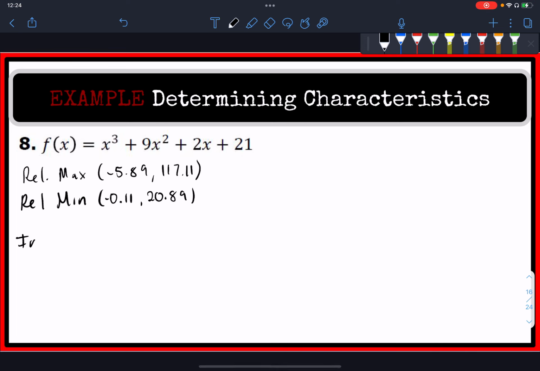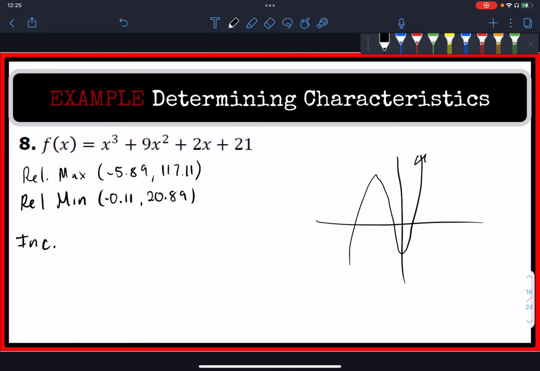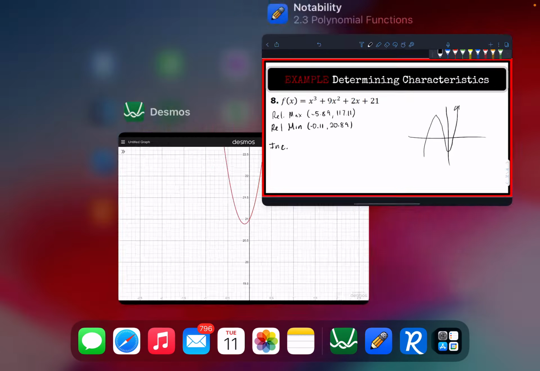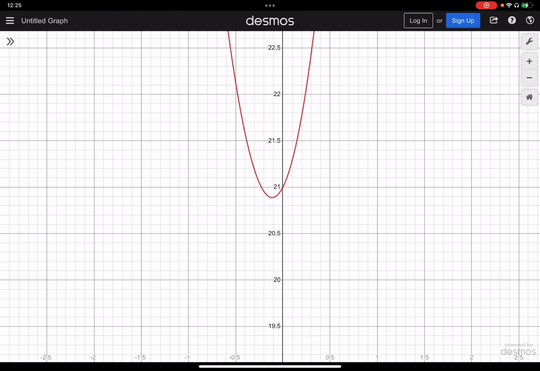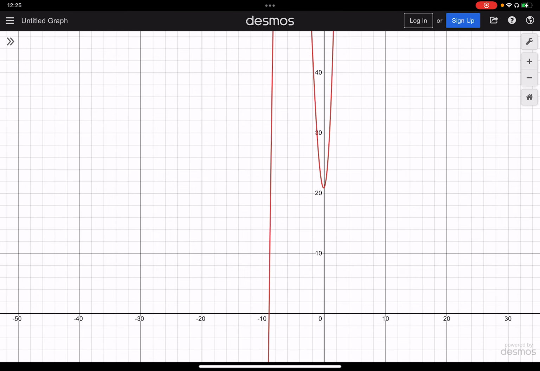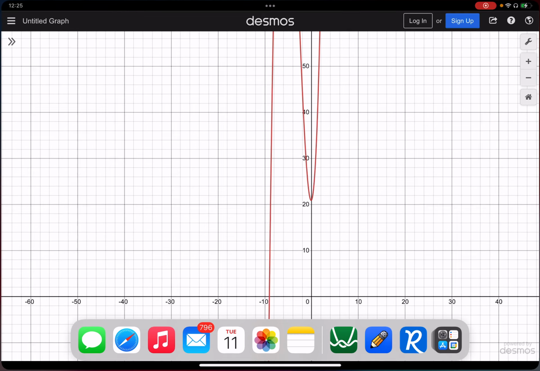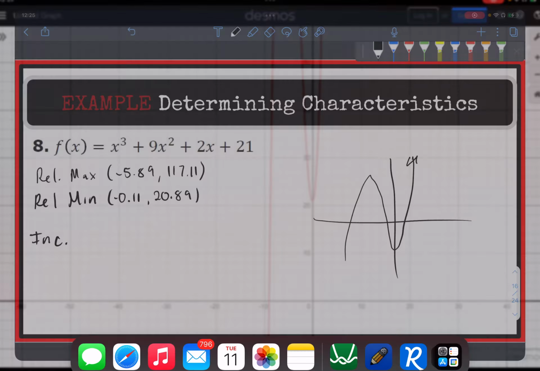Now the graph is increasing again. So it looks like this, and it's going up, going down, and then going back up again. And I did not draw this correctly because it doesn't go below the x-axis, as you see right there. So let me fix that.